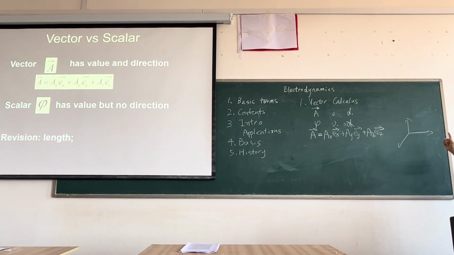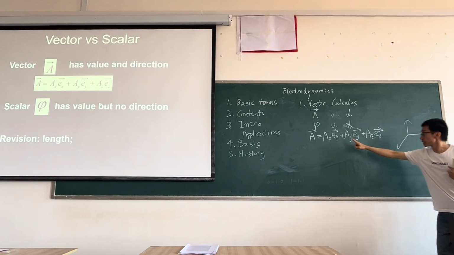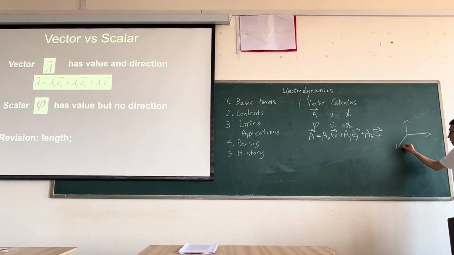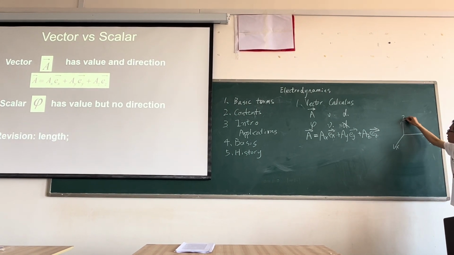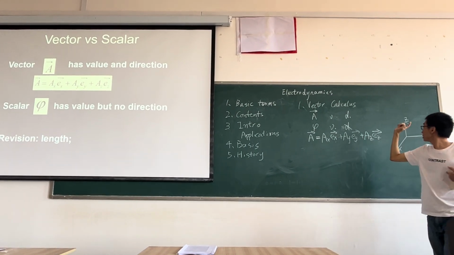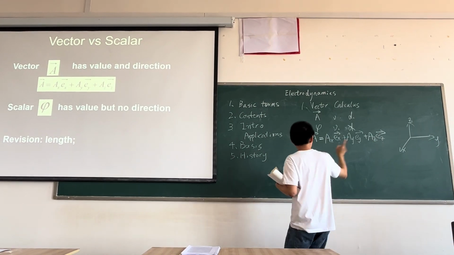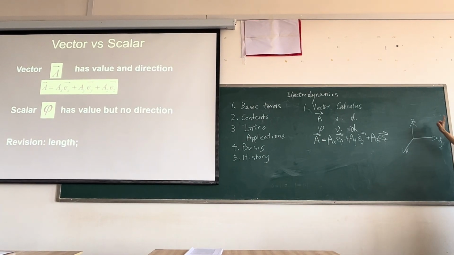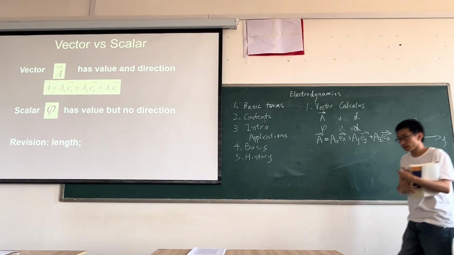For example, we have a Cartesian coordinate system, which is like this: X-axis, Y-axis, Z-axis.